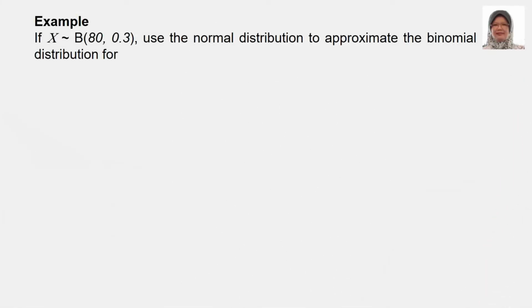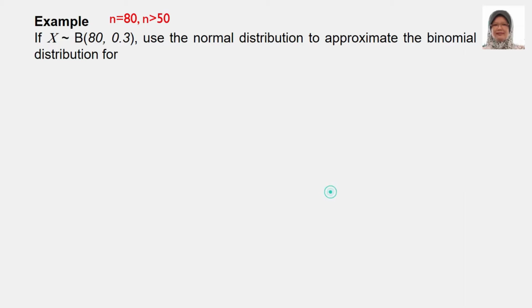Okay, example. If X has a binomial distribution with n equal to 80 and p equal to 0.3, use the normal distribution to approximate the binomial distribution. Looking at the question, n equals 80, so n is greater than 50, so we must use the normal distribution.